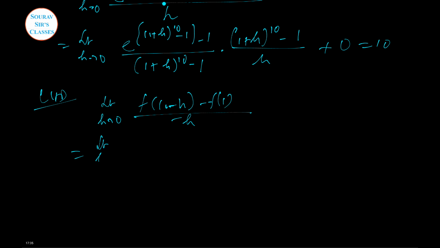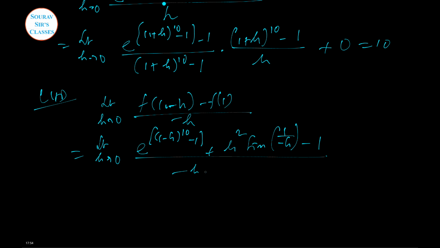So here limit h tends to 0, the same way we can proceed. e to the power (1 minus h) whole to the power 10 minus 1, plus h square sin 1 by minus h, minus 1, whole divided by minus h, and we can do a little bit of adjustment at the end like the way we did in the last part.